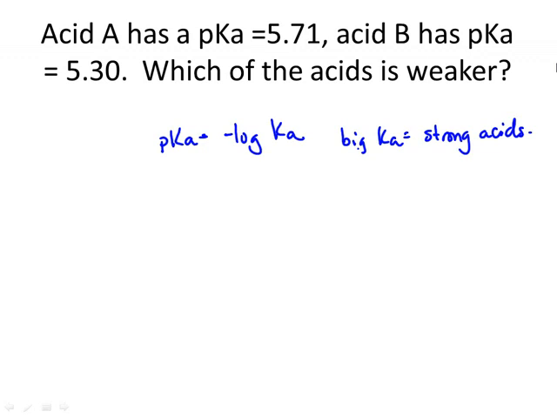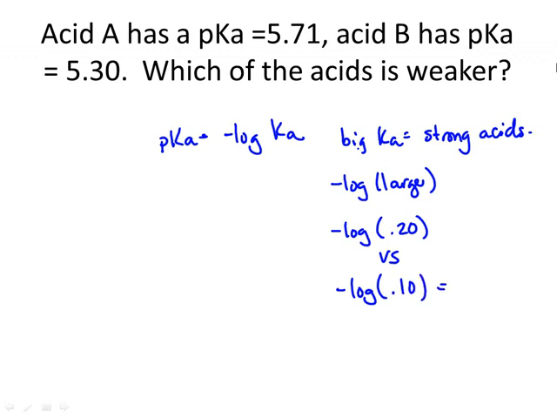then I can either do the math or I can think about this in sort of a theoretical way. I'm going to go with the theoretical way for those of you who aren't as comfortable with the math, and then we'll do the mathematic way as well. So big Ka means strong acids. If I take the negative log of a large number, like for instance, the negative log of 0.20 versus the negative log of 0.10, we can see, I guess there is math here.